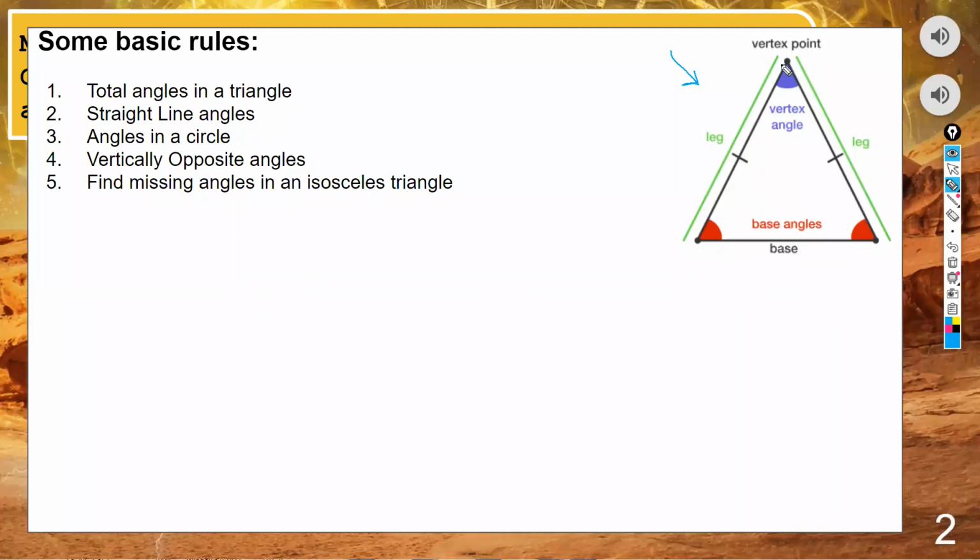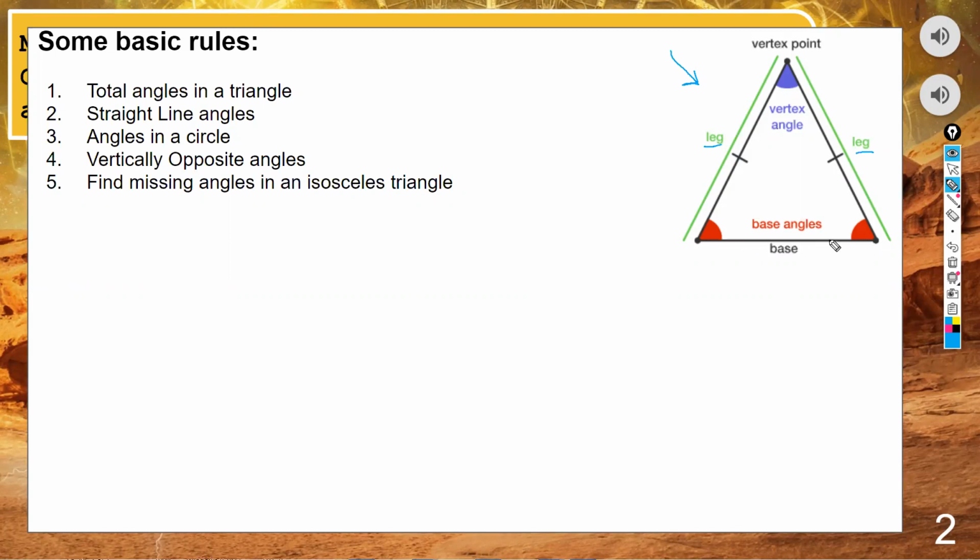The two sides that have the same exact length, you call those two sides the legs. I know most of you all may not have learned that, but they have an official name. They are both called legs.